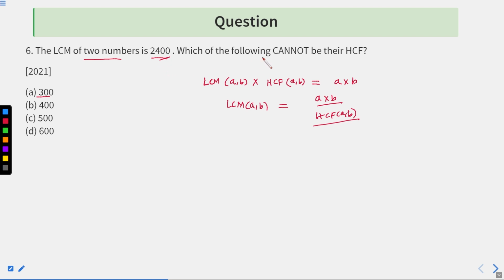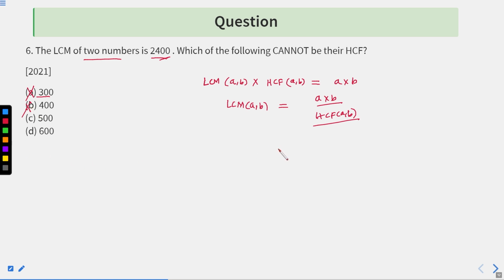Okay, so the HCF of these two numbers may be 300. So according to this question, option A is basically wrong, and here you can observe that 400 also divides 2400. Okay, so the HCF of two numbers may be 400, so this option is also false.